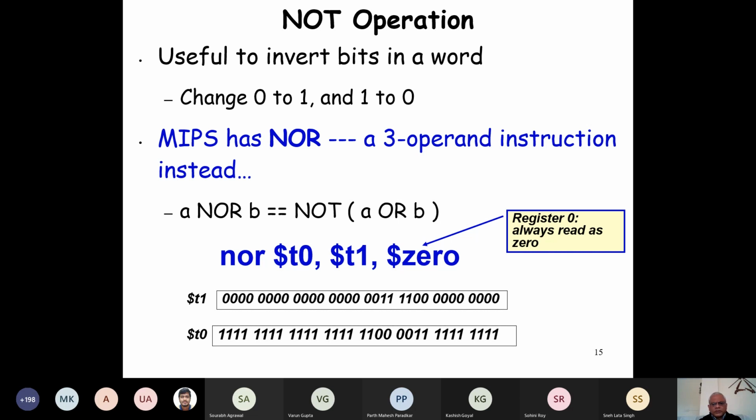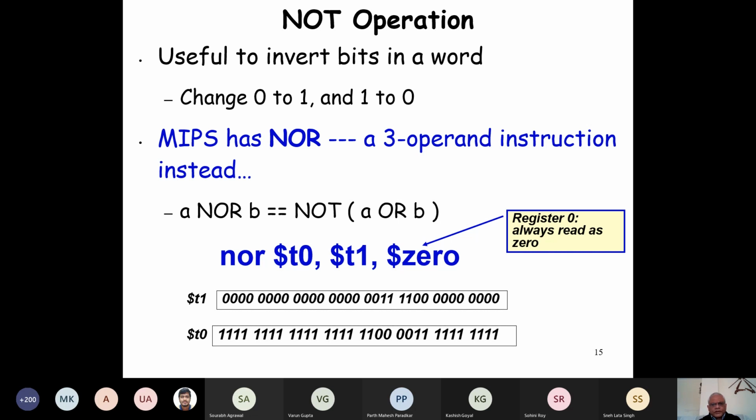Now the NOT operation. The NOT operation also is a very useful operation. We'll be using it many times. It changes 0 to 1 and 1 to 0. But MIPS does not support NOT. It supports a NOR instruction, which is a 3 operand instruction. And we know that A NOR B is NOT (A OR B).